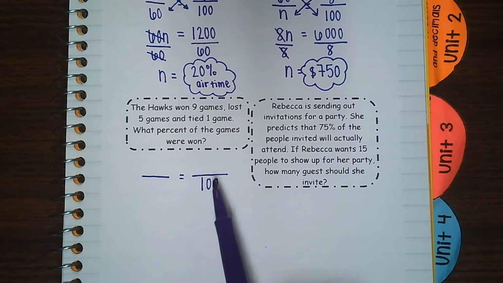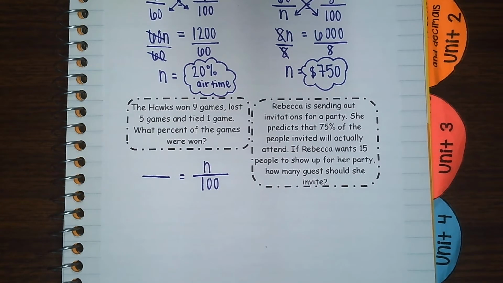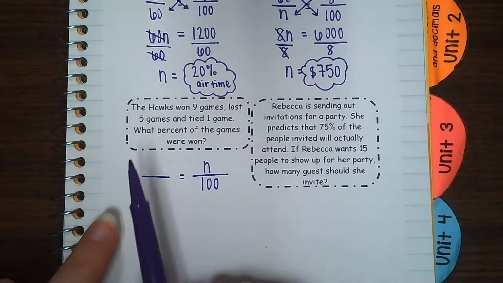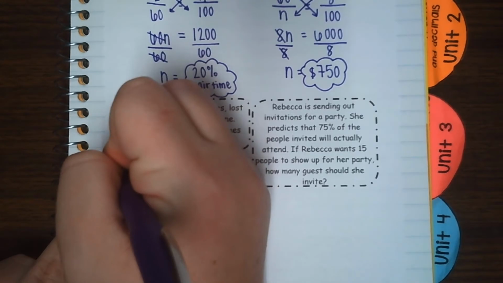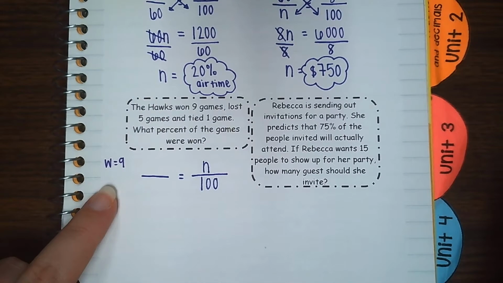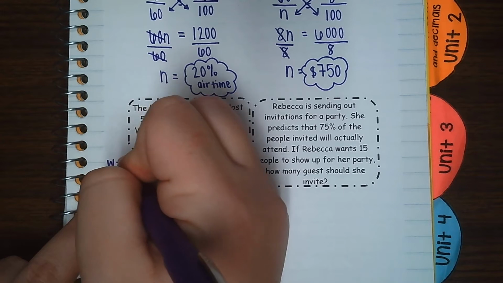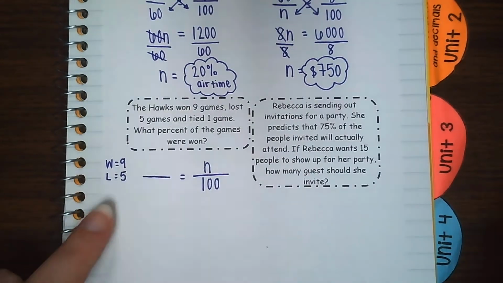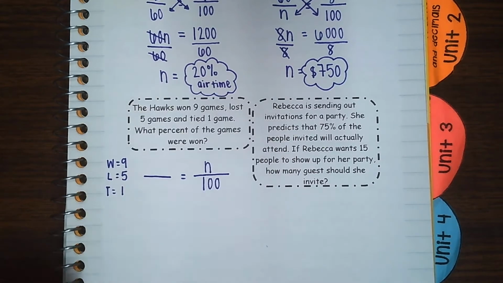So we don't know our percent, so I'm going to go ahead and put an N over our 100. The Hawks won 9 games. They lost 5 games, and they tied 1 game.